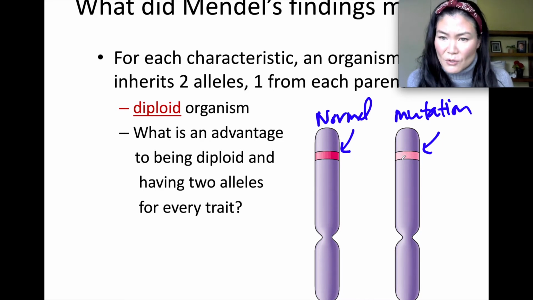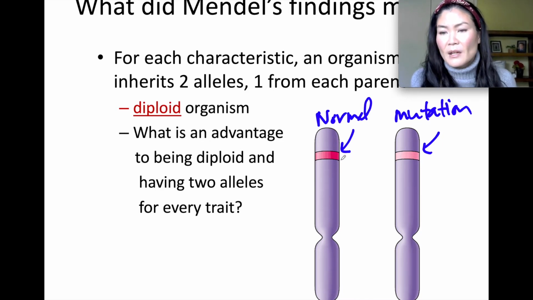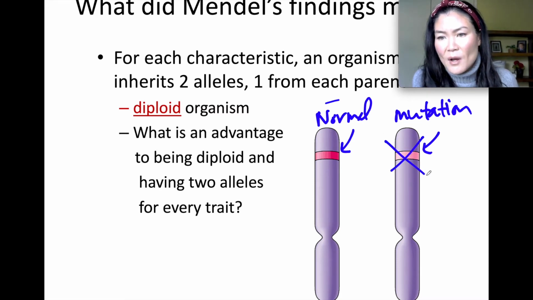So if we have 2 genes for every trait, it just so happens that most mutations, most disorders are recessive, meaning that the normal version is going to take over. It's going to mask the mutated version. So that individual is going to have an advantage by having the normal gene express itself over the mutated gene. So the mutated gene is not going to show up in the individual. It's the normal one that's going to show up.